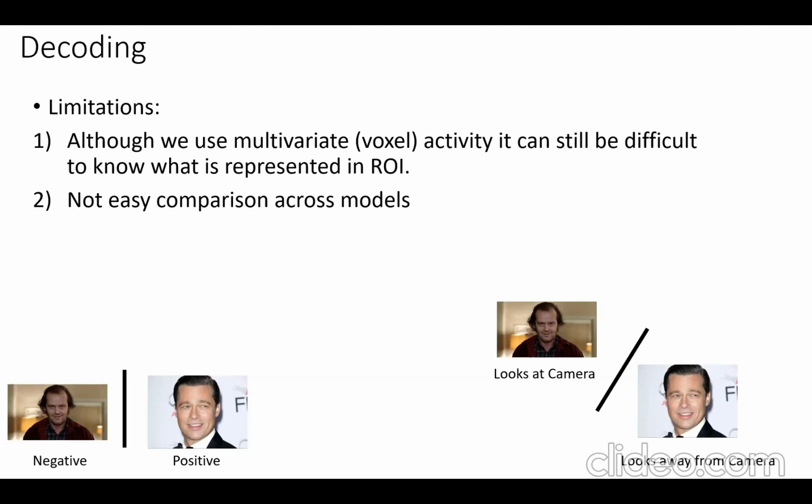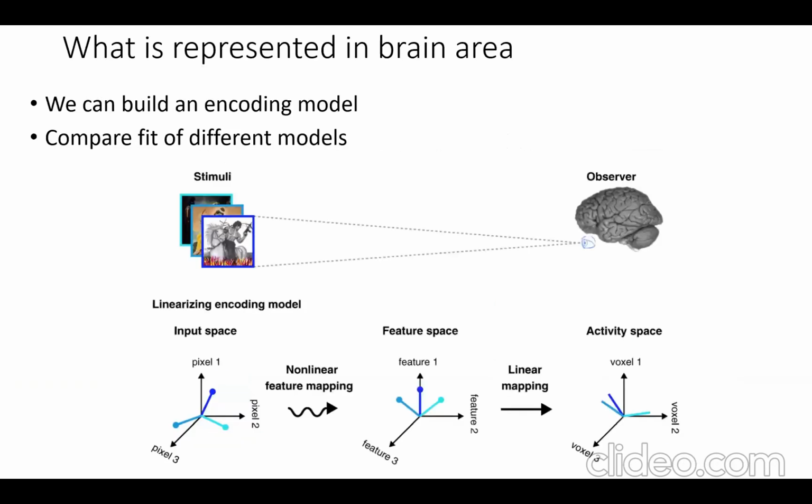So the main idea behind some proponents of more, let's say, complicated encoding models is that instead of trying to fit tight experimental designs where we use very discrete feature spaces, we can use a bit more naturalistic stimuli and then build an encoding model that is a bit more complicated and try to understand what information is represented in a particular brain region.